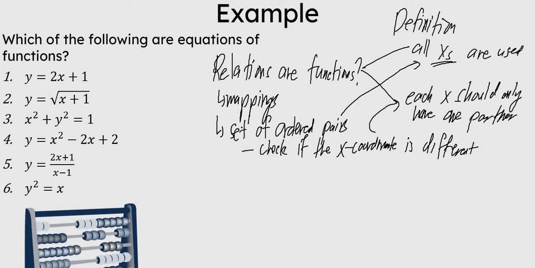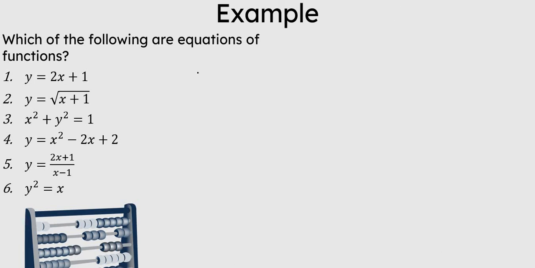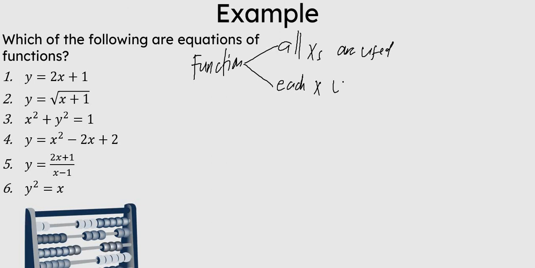But this time, what if our relations are equations? How do we check if they are functions? Which of the following are equations of functions? We still have to remember that for it to be a function, we should stick to the definition that all x's are used and that each x will have one partner.